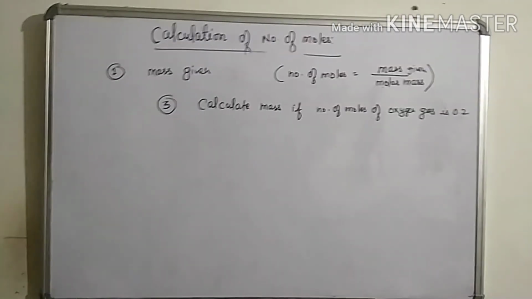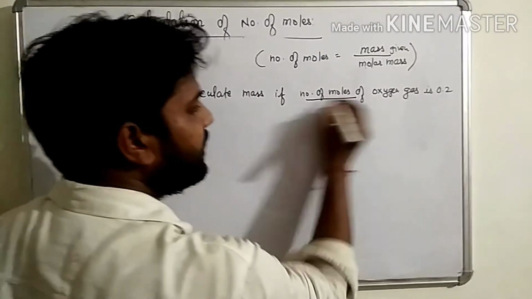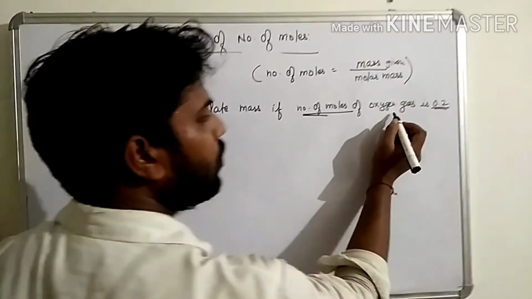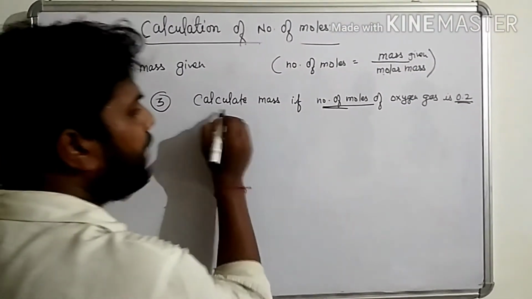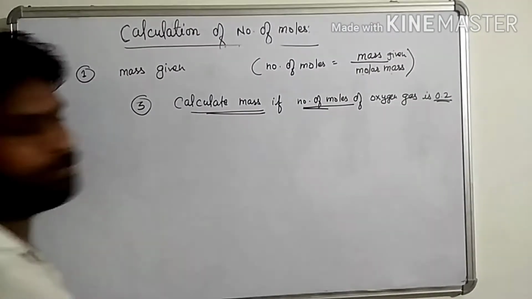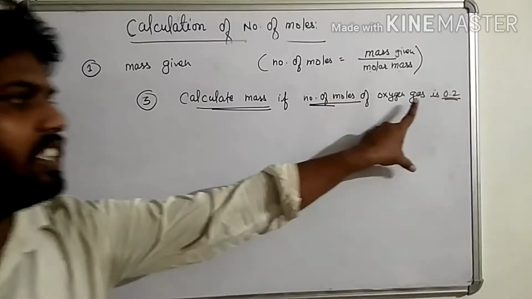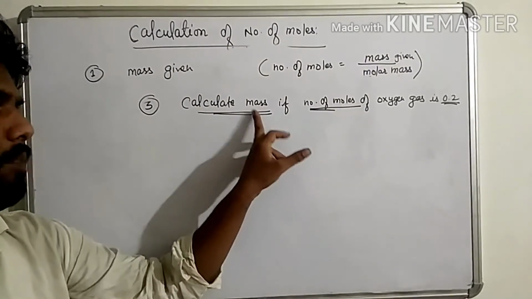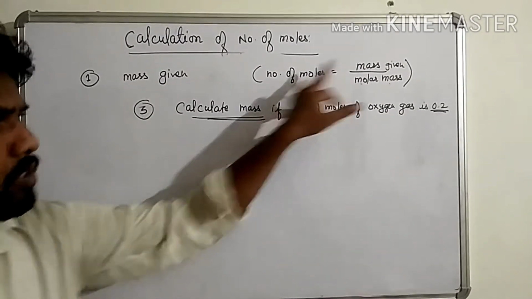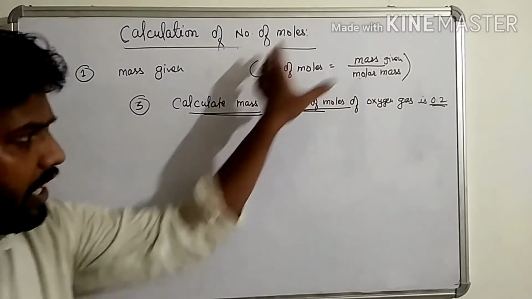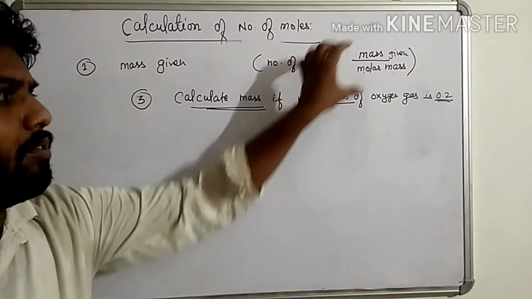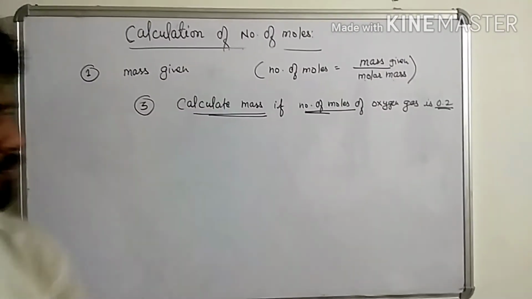Now children, the number of moles is given there, and we have to calculate the mass. Again, by applying this formula, we can calculate the mass.